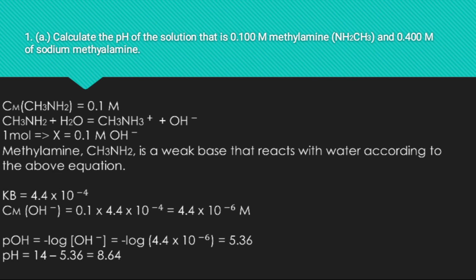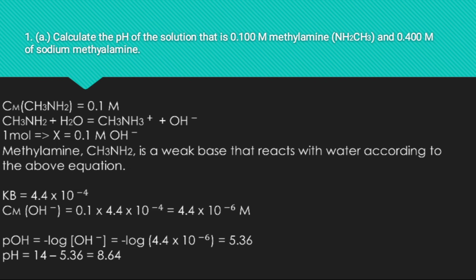That gives us 4.4 times 10 to the power of negative 6. From this result, we can now calculate the pOH. pOH is equal to negative log OH negative. Our OH negative is 4.4 times 10 to the power of negative 6, and that is equal to 5.36, that is the pOH.